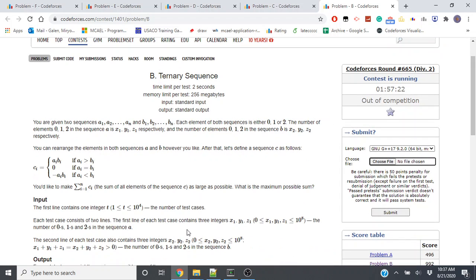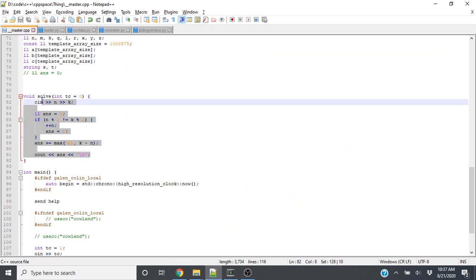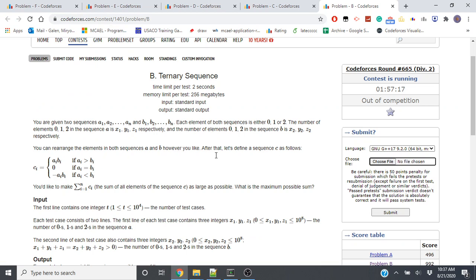We got multi-tests. So two sequences, A and B, all are 0, 1, or 2. Okay.